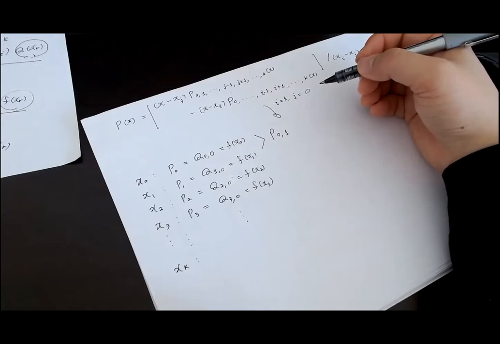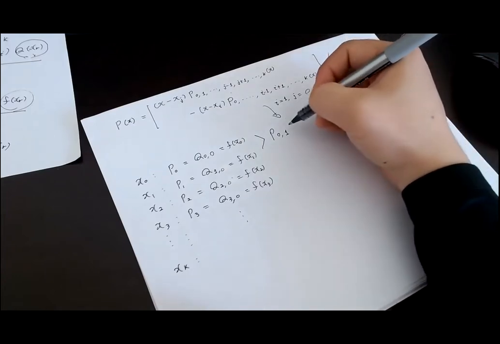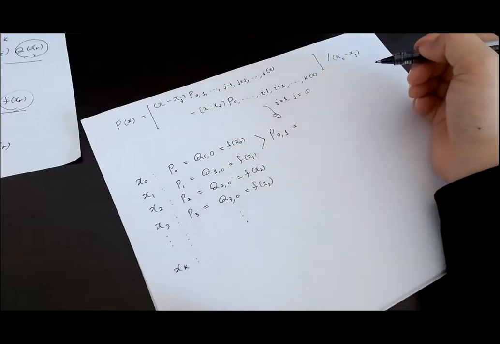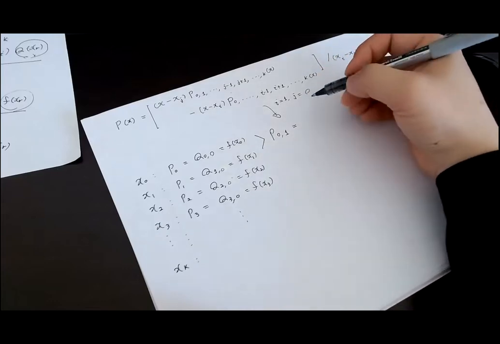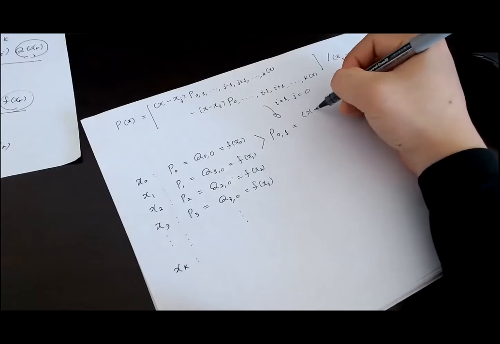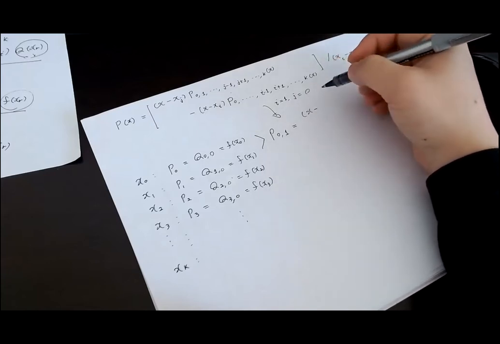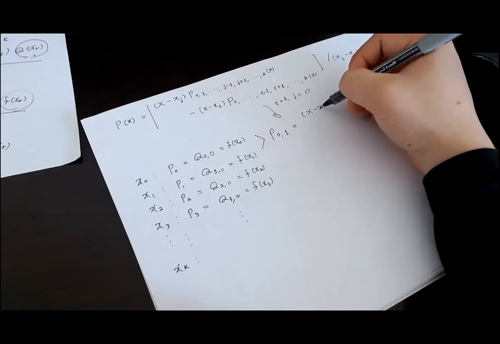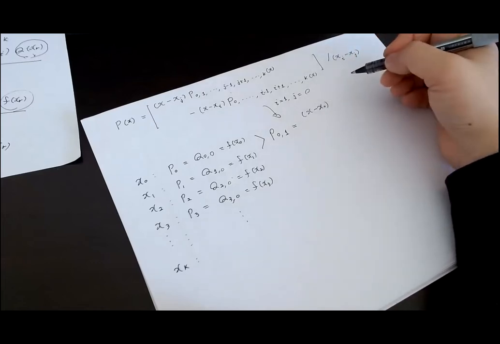So then P0,1 is equal to x minus x1, x minus x0, times the next one.